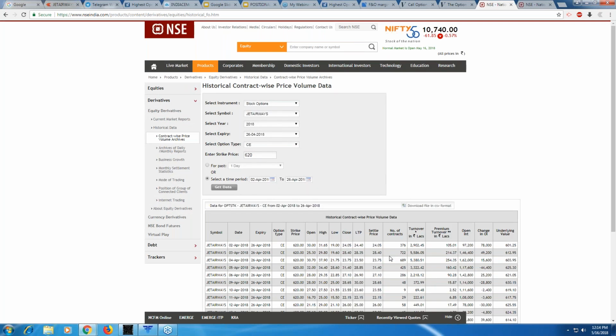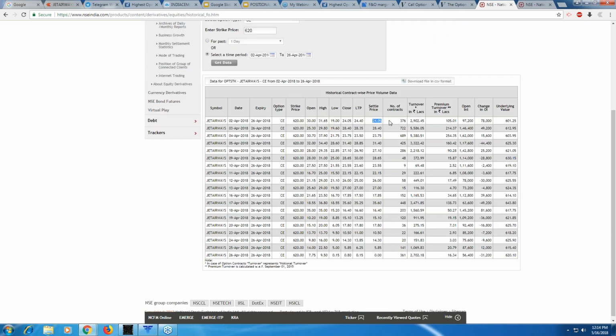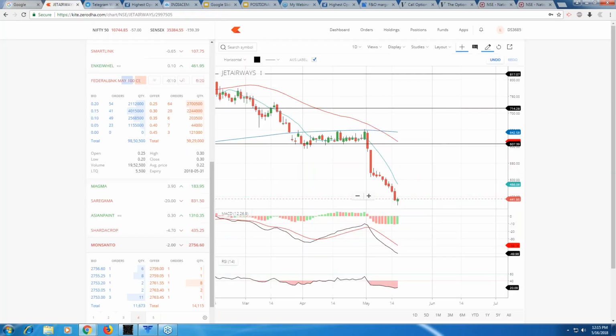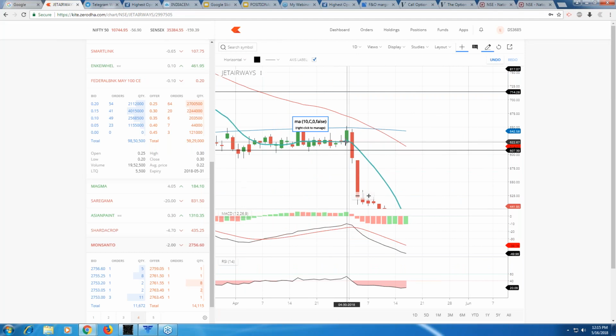Now see here, we sold it at 24 rupees, but at the end of the day, on the last day of expiry, the last traded price was 15 paisa only. Why? Because the price could not reach 620. See here, the price where the market closed on the last day of expiry, what was the expiry day? 26th April.